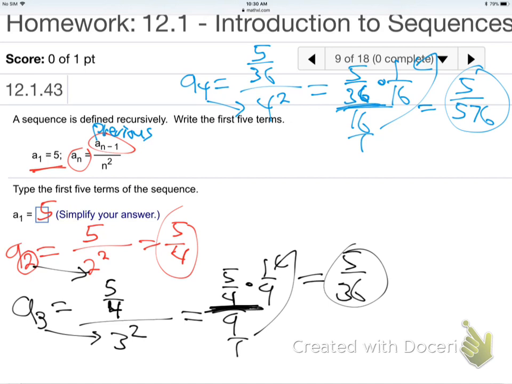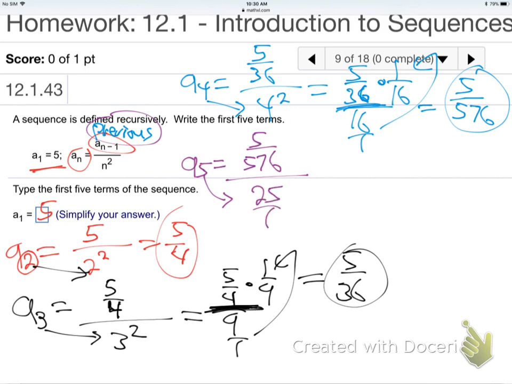And now, can we find the fifth term? Fifth term is the previous term. So it'd be 5 over 576 over the term number squared. 5 squared, 25. All right? So make that 25.